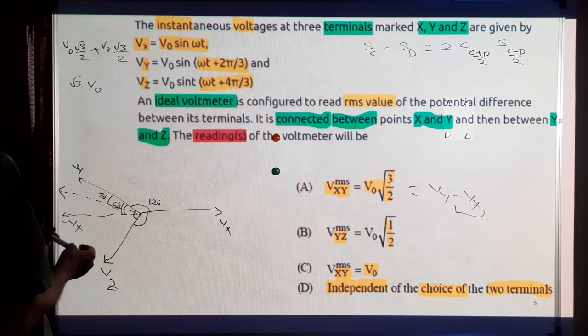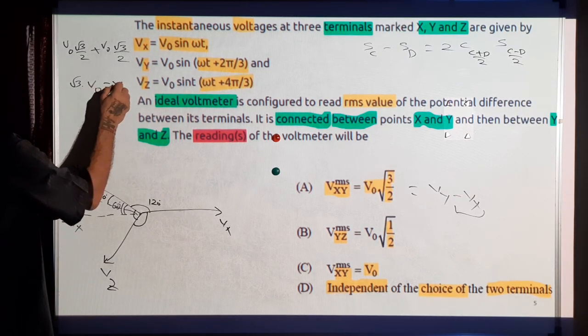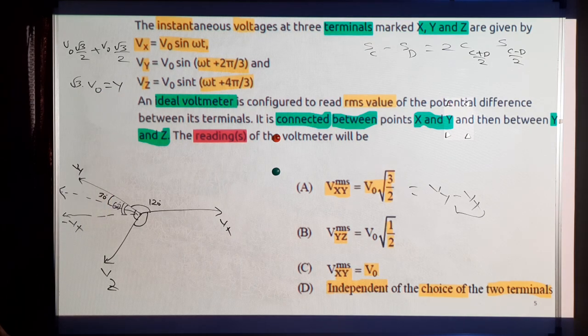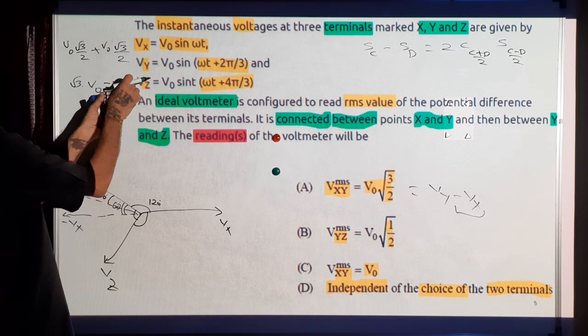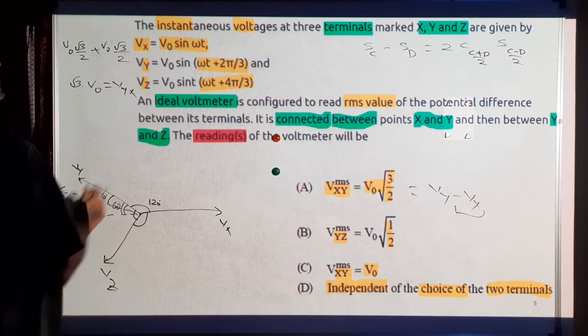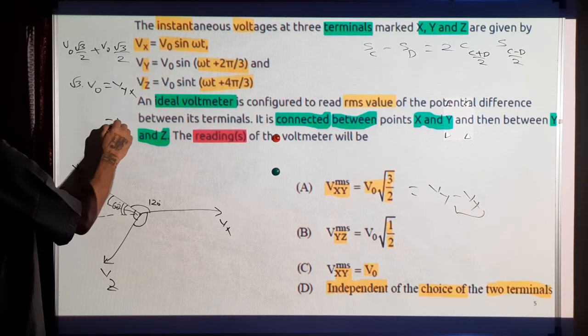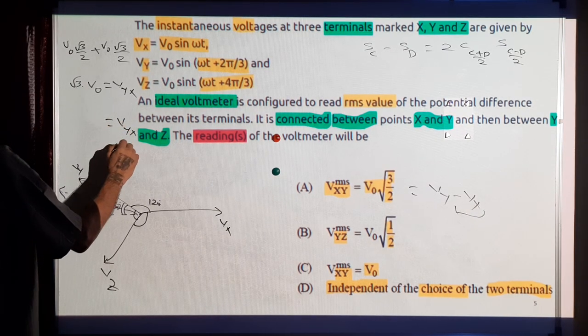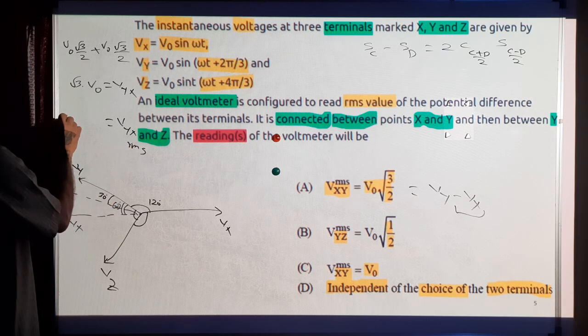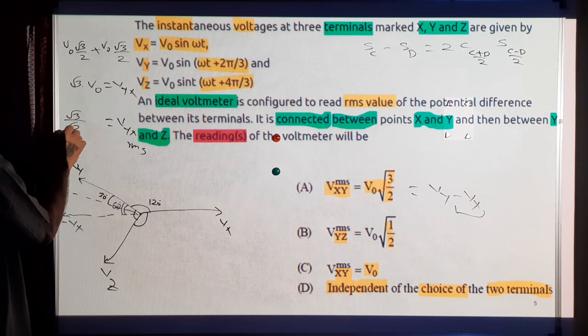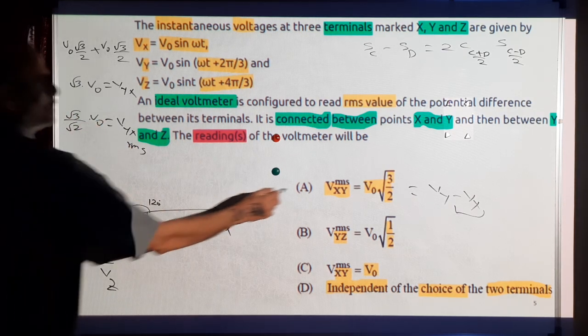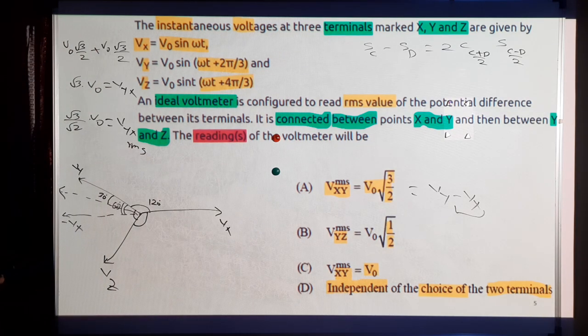This is Vyx, the instantaneous value. And to get the RMS value, it will get reduced by a factor 1 by root 2. So from this I get that option A is the correct one.